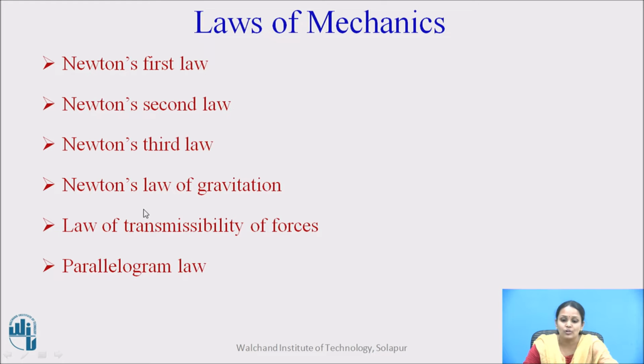Then Newton's law of gravitation. The force of attraction between any two bodies is directly proportional to their masses and inversely proportional to the square of the distance between those two bodies. Then the law of transmissibility of forces.